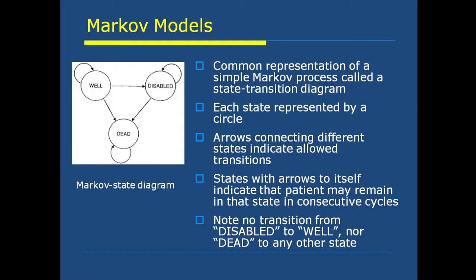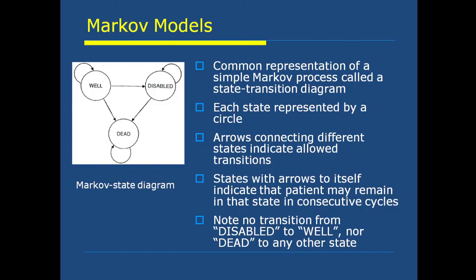At this slide, you see a Markov state diagram. There are 3 states for the patient: well state, disabled state, and dead state. This is a common representation of a simple Markov process called the state transition diagram.